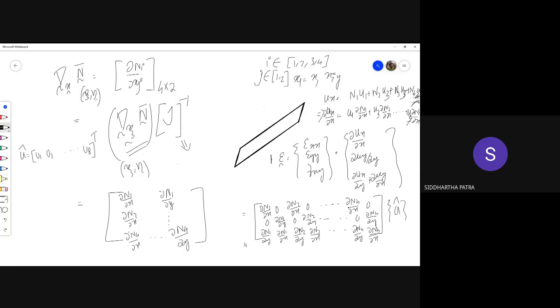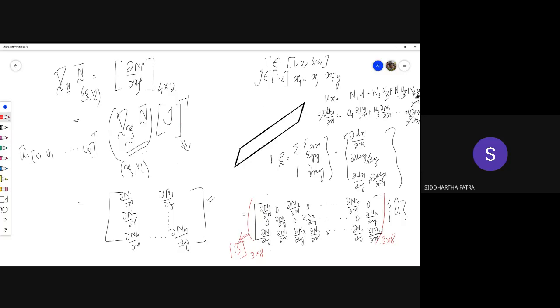So the point is, just like each term in the previous matrix was a function of xi and eta, this matrix, which is called the B matrix, is also a function of xi and eta. It's a 3 cross 8 matrix. Even if the Jacobian is a constant, each term in the B matrix is at least a linear function of either xi or eta.